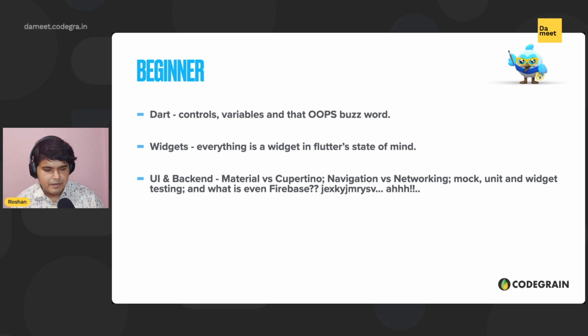If you're a web developer, the Material design system and Cupertino design system are your Bootstrap equivalent, or like a CSS, for Apple and Android phones, right? So how do you decide which one to take first?